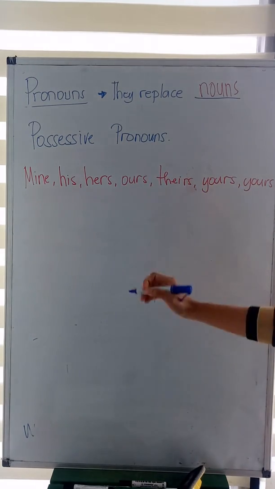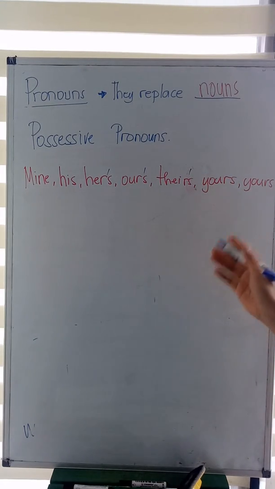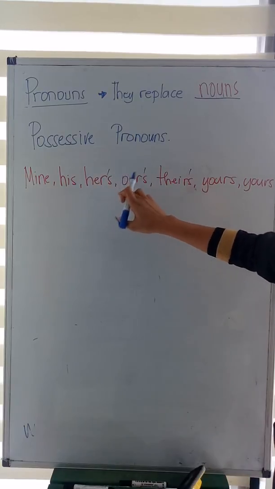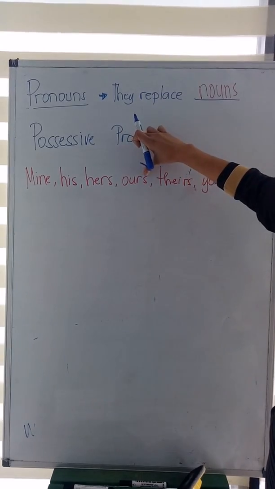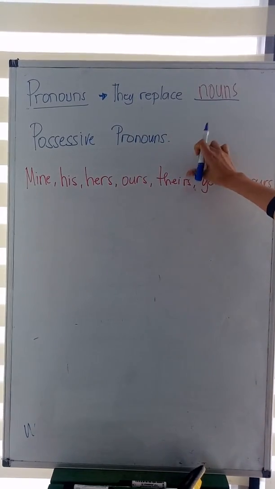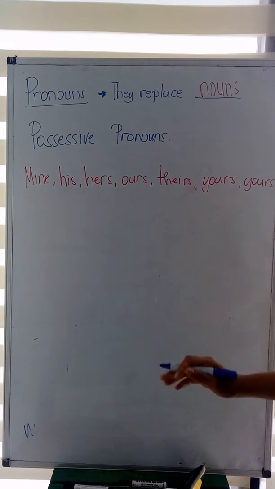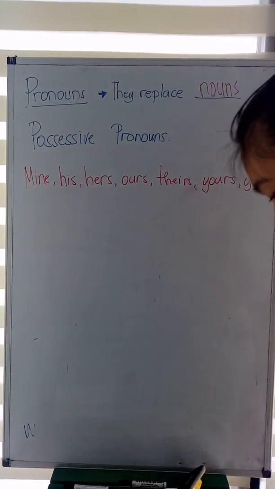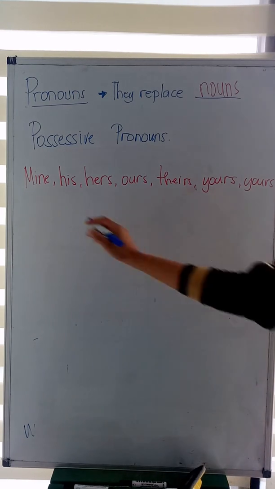Please do not put an apostrophe here. In the previous activity, some of you added an apostrophe between her and s, our and s. Do not add an apostrophe because possessive pronouns do not use an apostrophe. They just have s at the end, but they do not use an apostrophe. Always remember that.